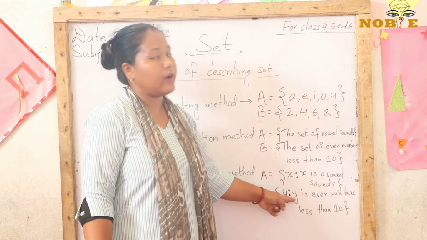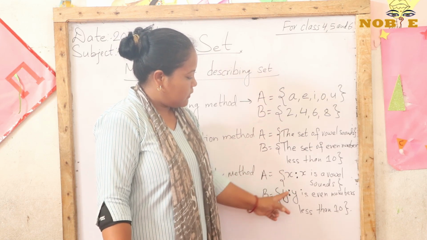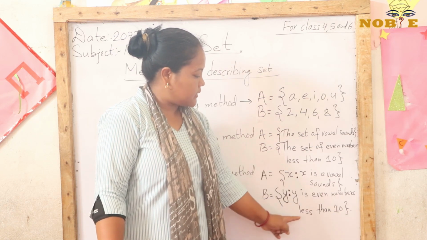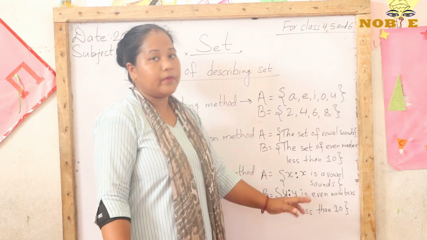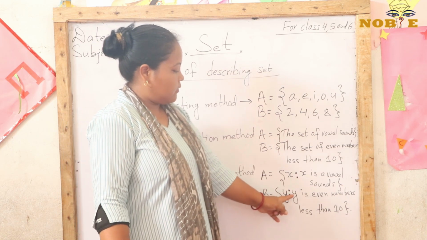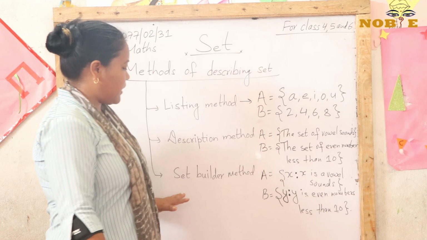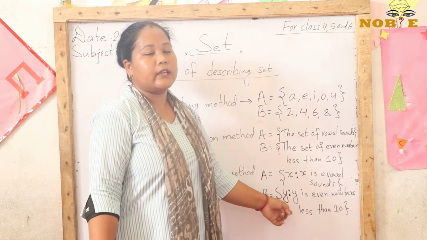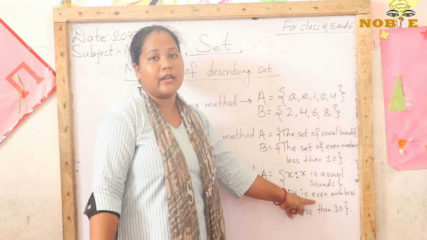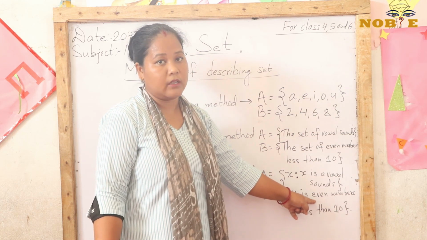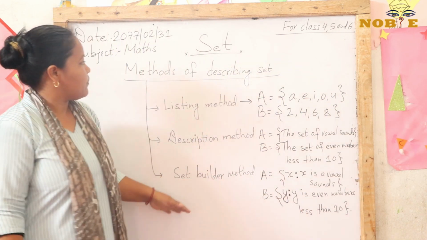If you are going to make the set of odd numbers, then you have to write y such that y is an odd number. In the set builder method we denote the elements by a variable, and at the back side we write the property of that variable. I think you have understood this.